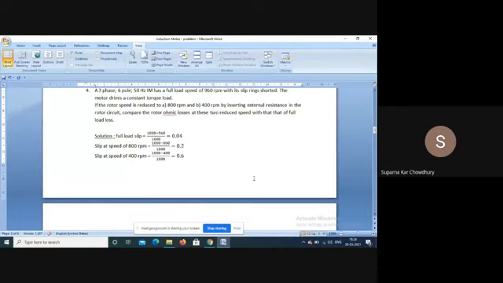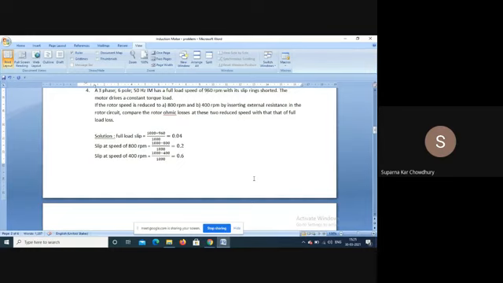Now the full load slip is 1000 minus 960 by 1000, because for a 6-pole 50 Hertz machine the synchronous speed is 1000 RPM. So the full load slip is 0.04. Now when running at 800 RPM, the slip will be 1000 minus 800 by 1000, that is 0.2. And if it is running at 400 RPM, it will be 1000 minus 400 by 1000, that is 0.6.